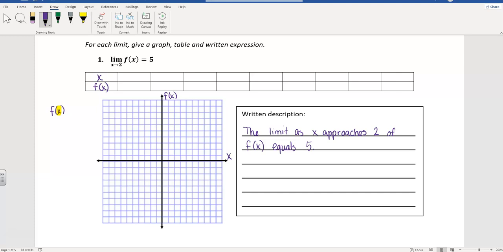Now we've only got one criteria here, and that is as x approaches 2, our y coordinate has to approach 5, right? So this graph at 2, 5, I have to have an open circle or a closed circle. It does not matter. The graphs that you make for this could vary widely. Just to make things interesting, I think I'll put an open circle there.